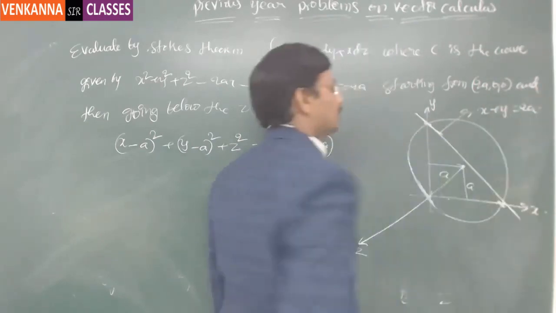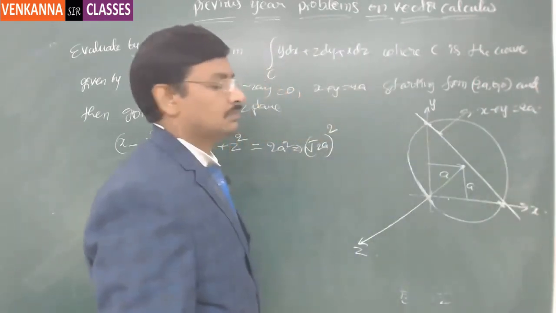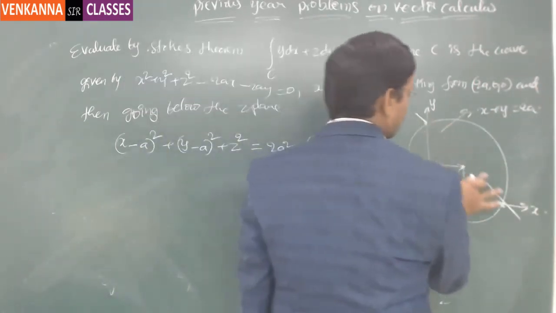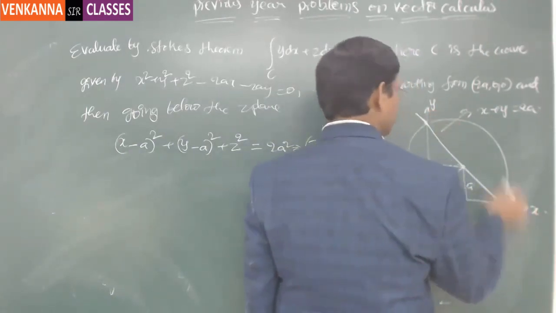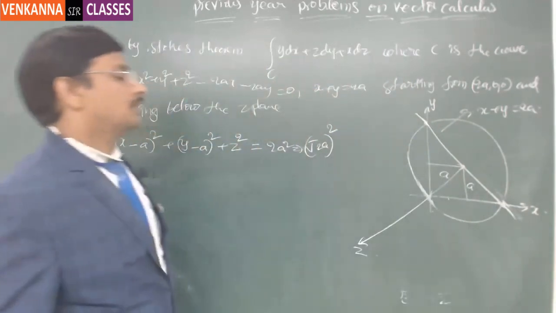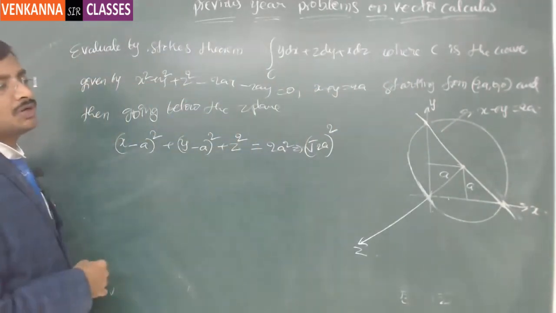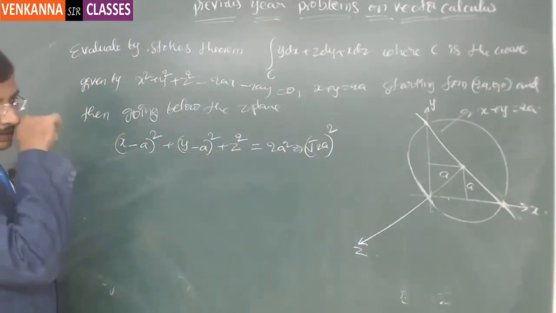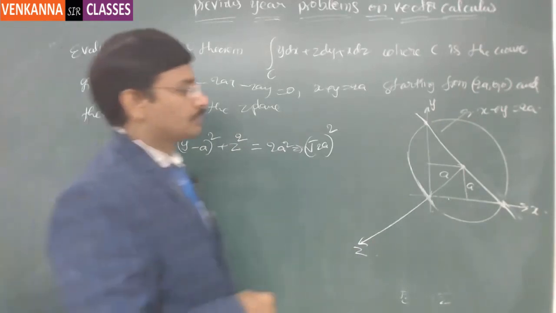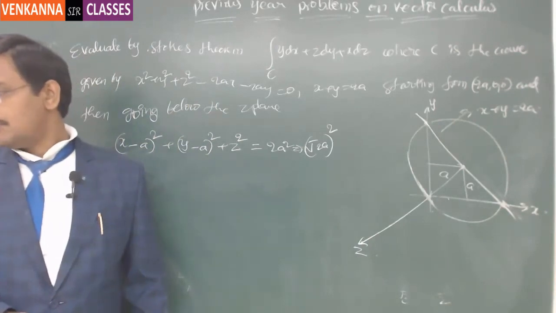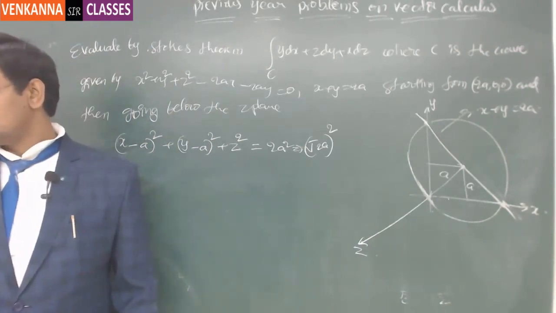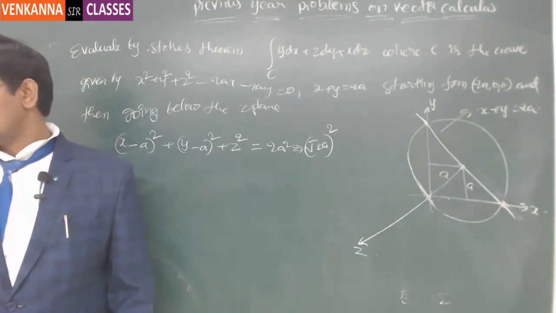Now we have got the spherical equation and the plane equation. Understood, how I have drawn? Is this diagram understood?